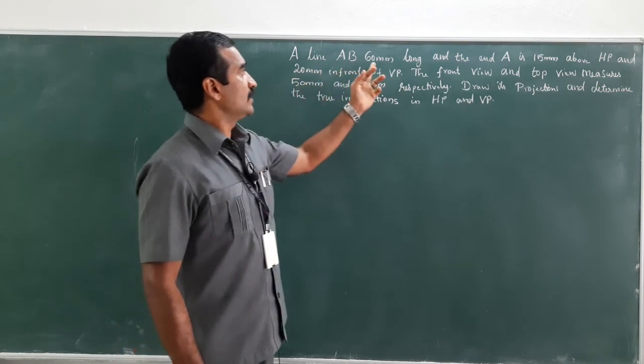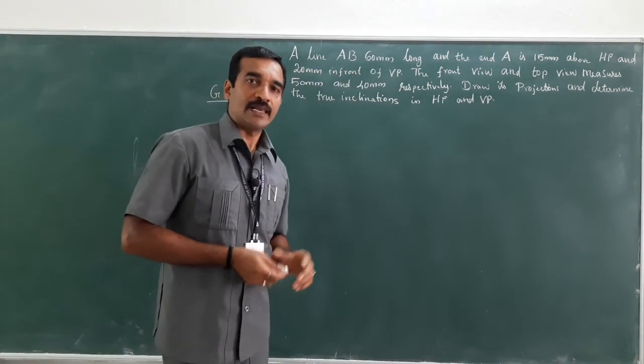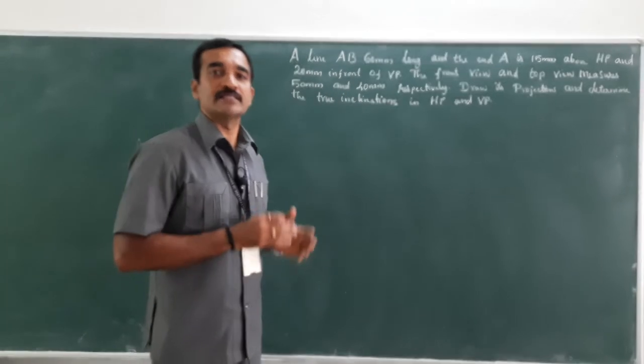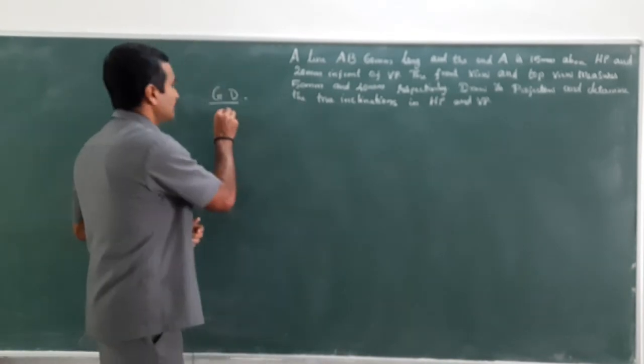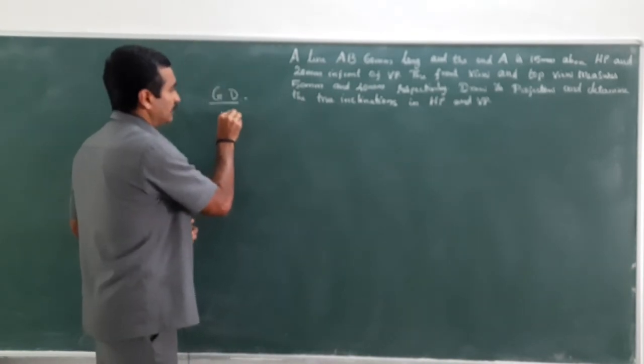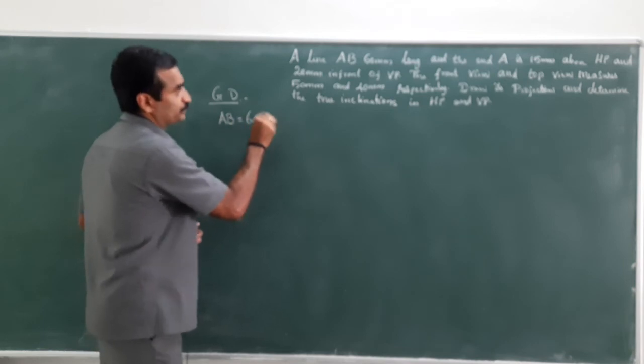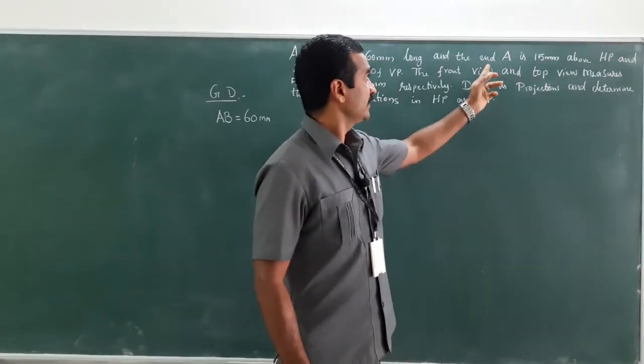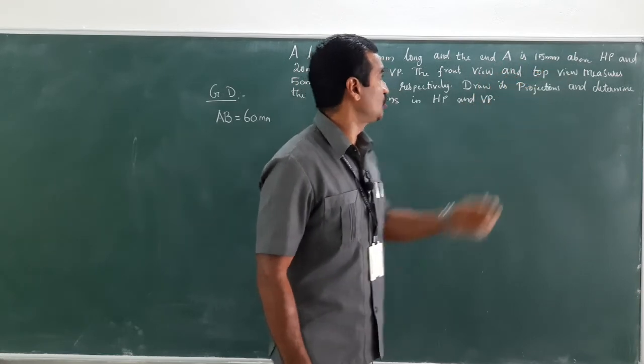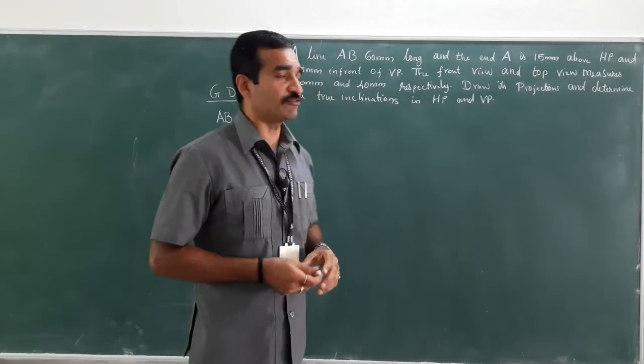A line AB 60 mm long. That means a line is 60 mm. That means its true length or actual length is 60 mm. And the end A is 15 mm above HP and 20 mm in front of VP.